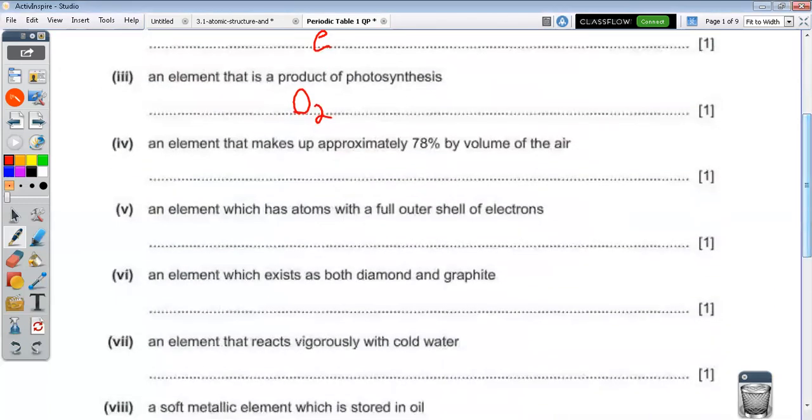Now, of course, if you write oxygen, they won't penalize because they're talking of the element. An element that makes up approximately 78% of the volume of air. From your other subjects, chemistry, biology, you need to know that 78% of the air, which gas is that?